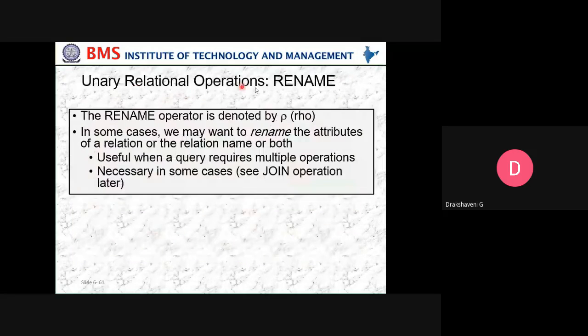So then, unary relation operation: the rename operator is denoted by rho. In some cases, we may want to rename the attributes of a relation or the relation name or both. This is useful when a query requires multiple operations. Necessary in some cases, see the join operation later.